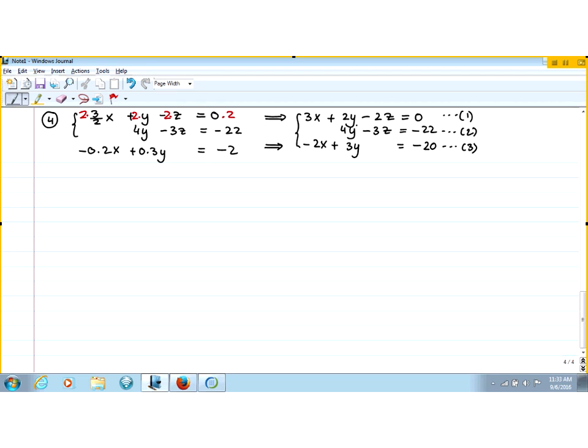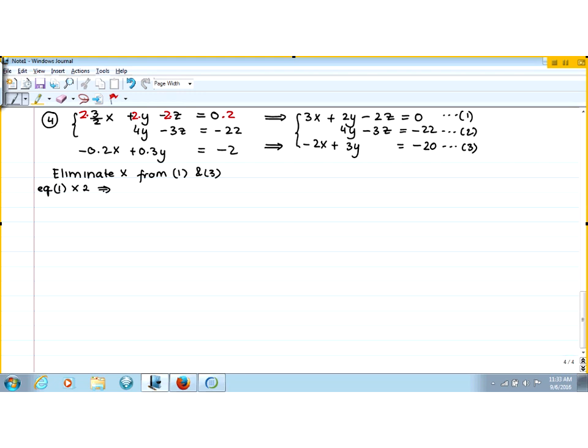Yes? Okay, so let's see. Which one do you want to eliminate, x or z? So eliminate x from 1 and 3. Okay. All right, equation 1, we will multiply by 2.